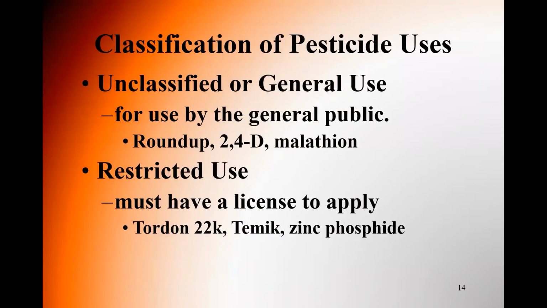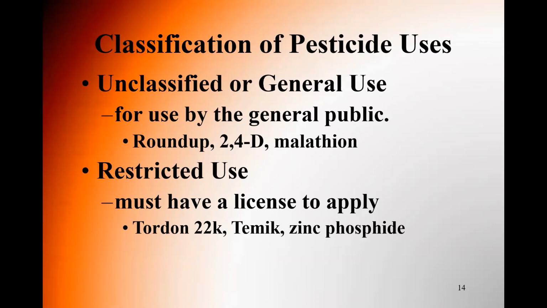The classifications of pesticide use: unclassified or general use, that's something you can buy over the counter. That's for general applicator, doesn't need a license. Things like Roundup, 2,4-D, Malathion, things that you can go to Walmart and buy over the counter, or Ace, or anywhere like that. You can go to your local feed store and it's on the shelf, you pick it up, you bring it out, you take it home.